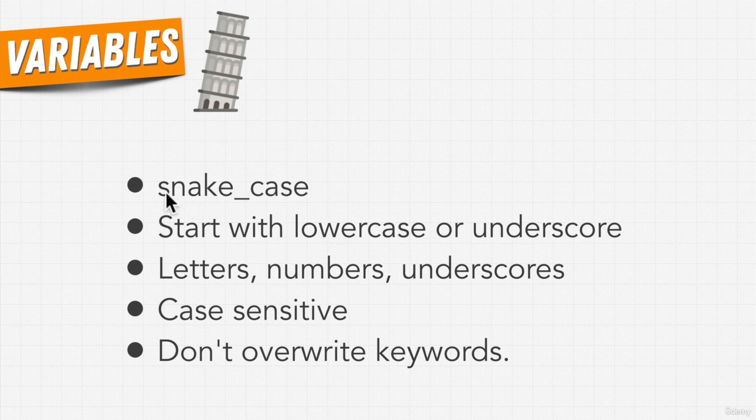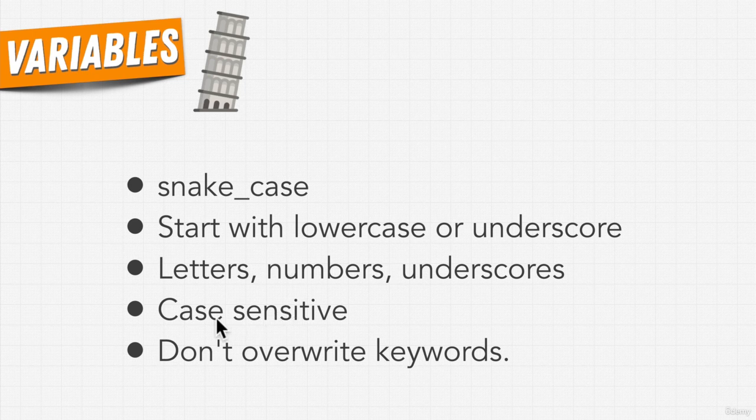Snake case means it's all lowercase and then spaces, well, they don't exist. We use underscores. Variables must start with a lowercase or an underscore. Variables can be anything with letters, numbers, and underscores. But remember, they have to start with lowercase and underscore. That means we can't start a variable with a number.